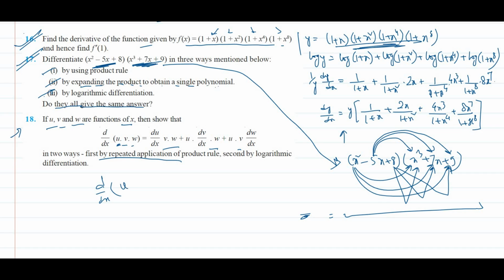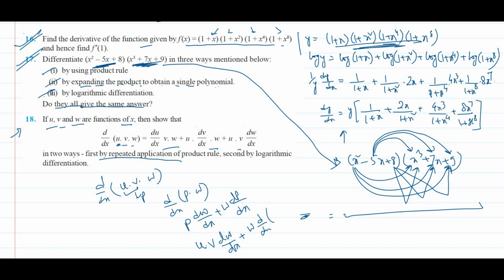This is d by dx of u times v times w. Let me assume u times v to be, let me suppose, p. So that is d by dx of p times w. So that is p dw by dx plus w dp by dx. Now p I won't disturb. Let me keep p as it is, dw by dx plus, now w times dp by dx.